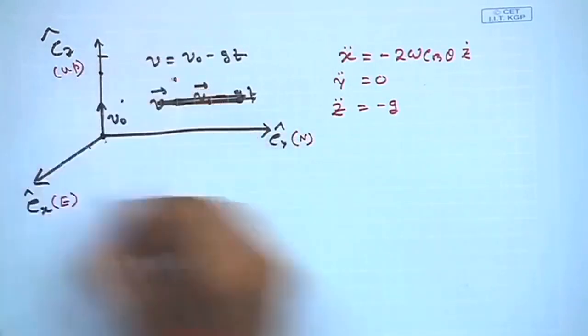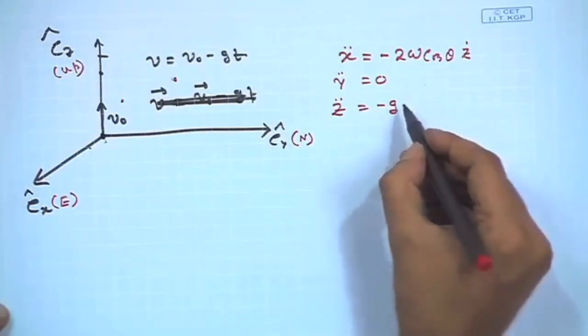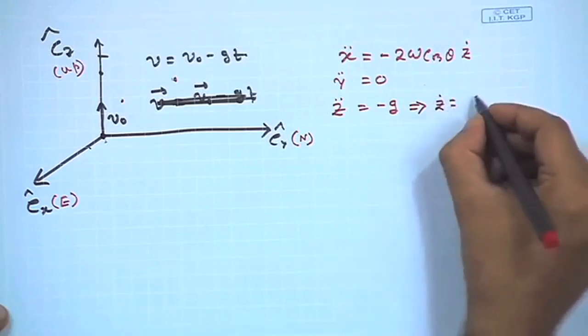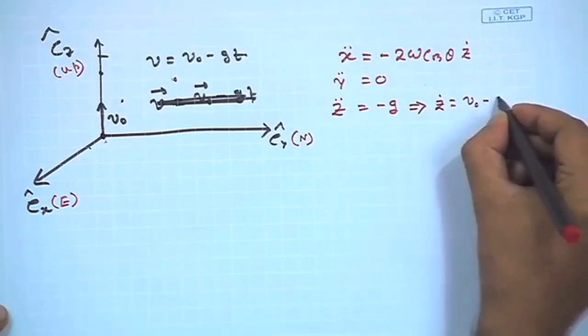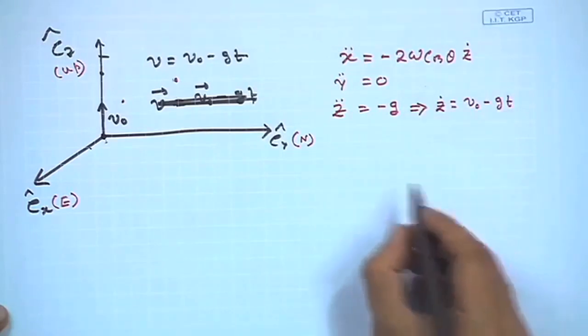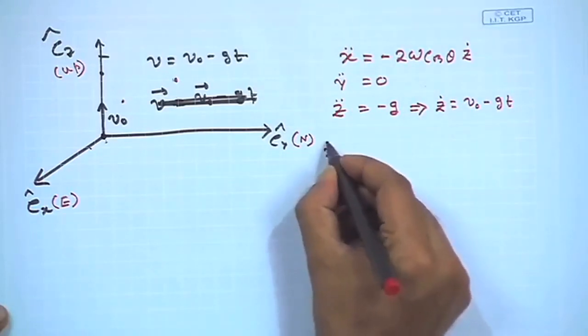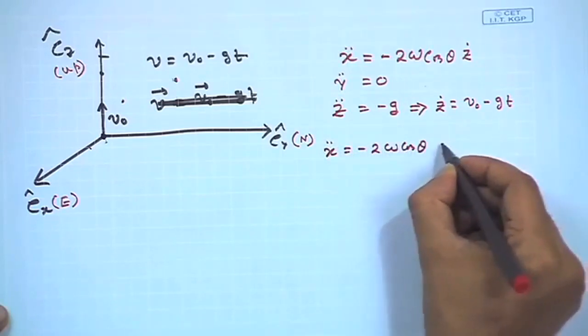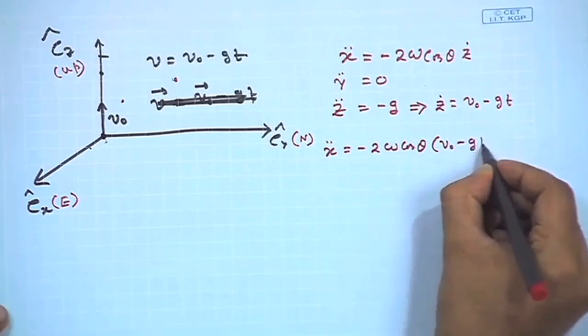This is up. Now, if we again substitute z dot, which will be given by V 0 minus g t at any point, taking this initial consideration into account, we get x double dot is equal to 2 omega cos theta times (V 0 minus g t).